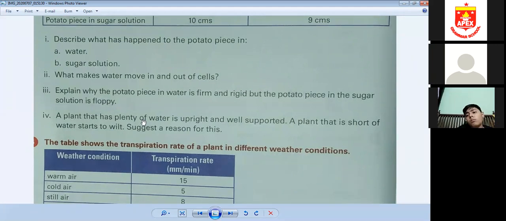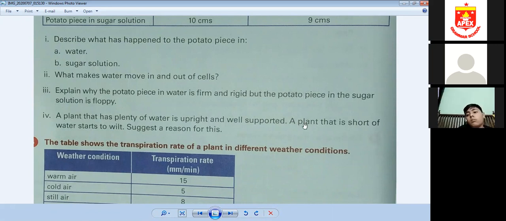Transpiration means the loss of water through stomata by evaporation. So if a plant is getting plenty of water, the rate of transpiration will not affect the shape of the plant.